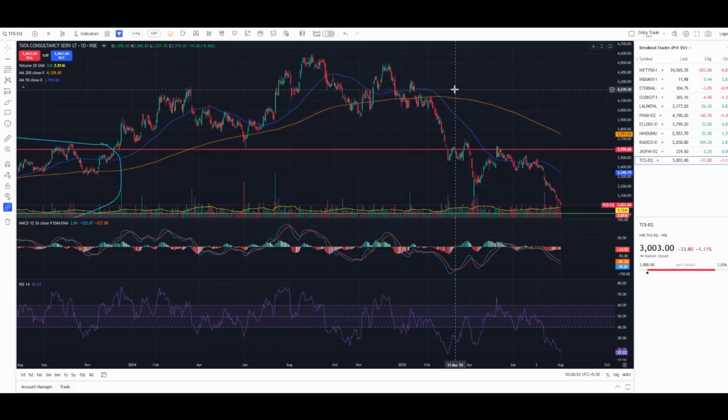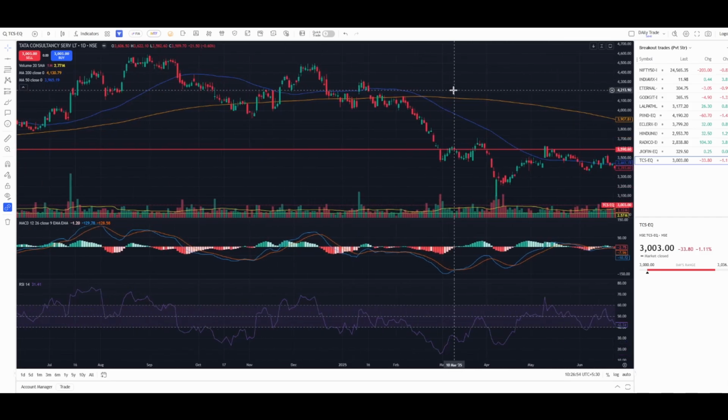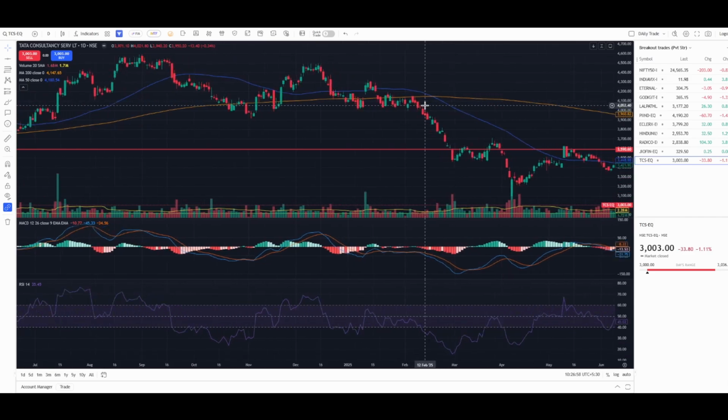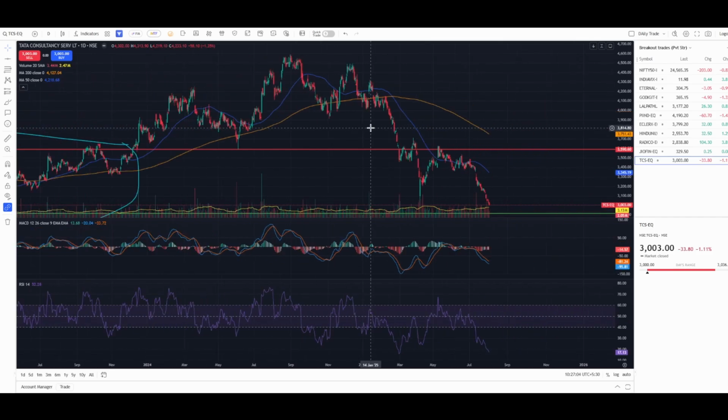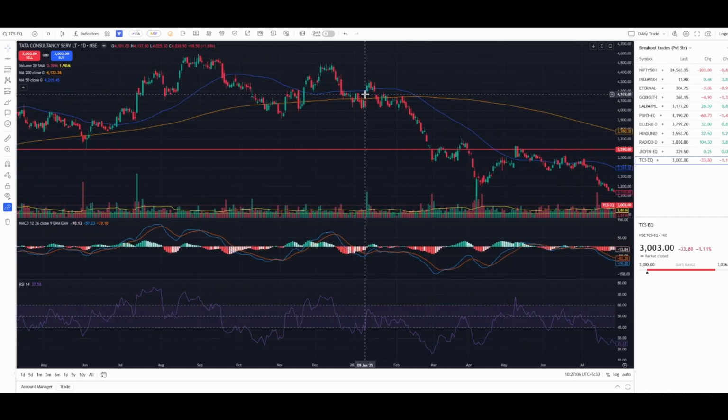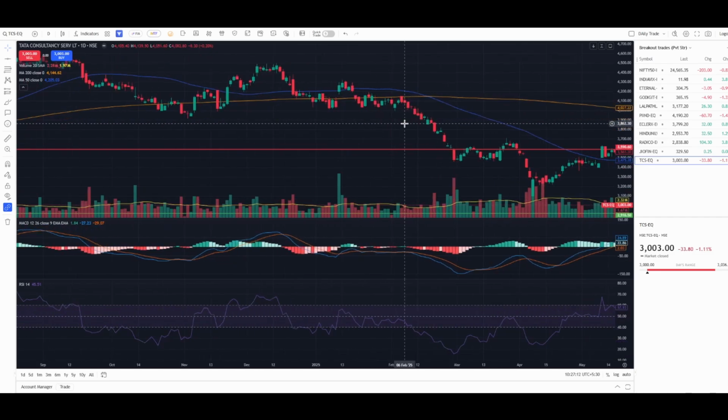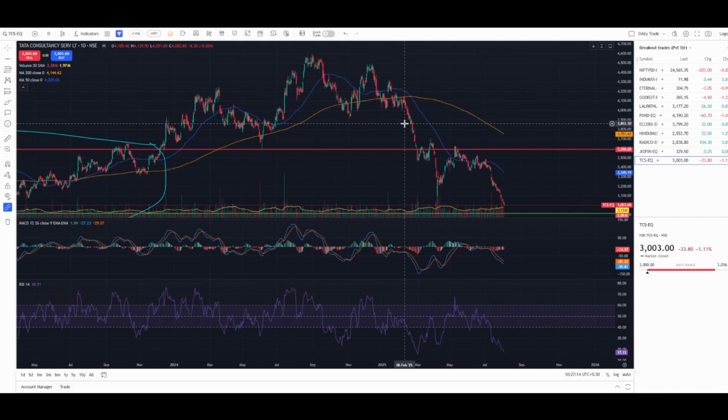Because that's where the market will fall. Then the market fell.